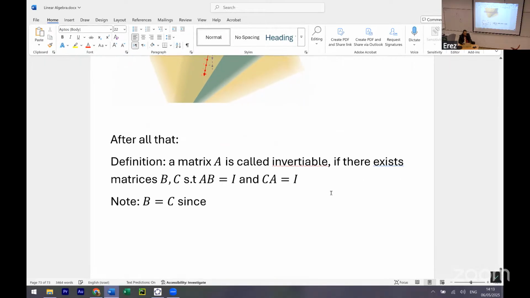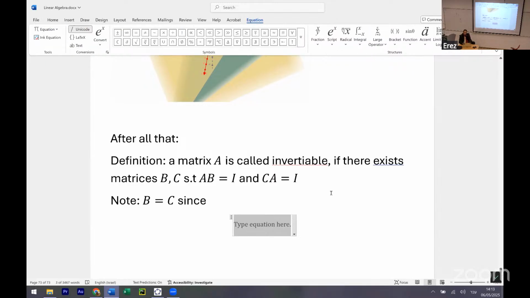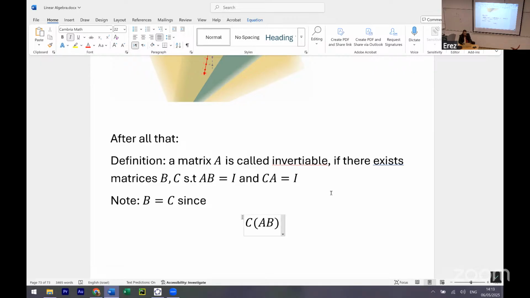I guess you've seen it in discrete mathematics as well, but in any case, I will show you it. What is C times AB? So on the one hand, it is C times I, which is C. Agreed? But on the other hand, due to the associative rule, it's CA times B. But what is CA?